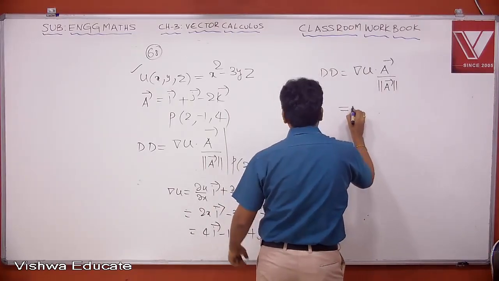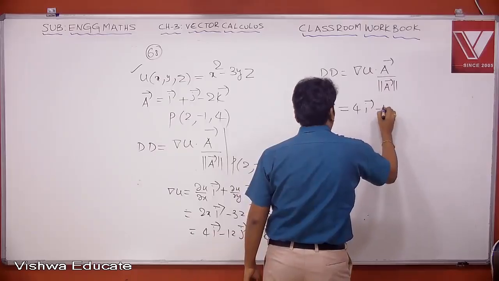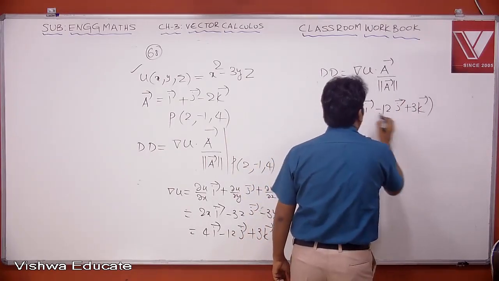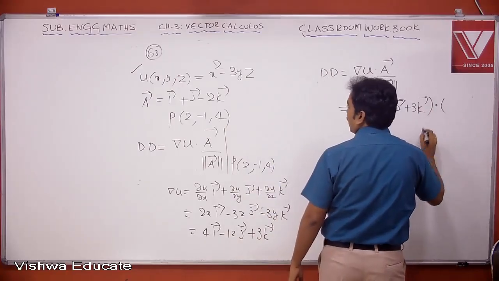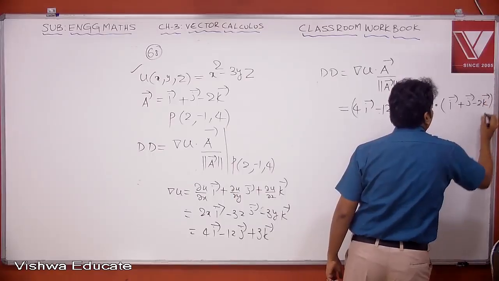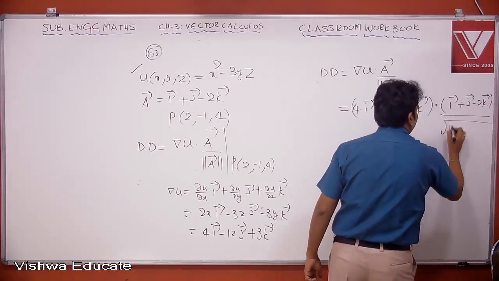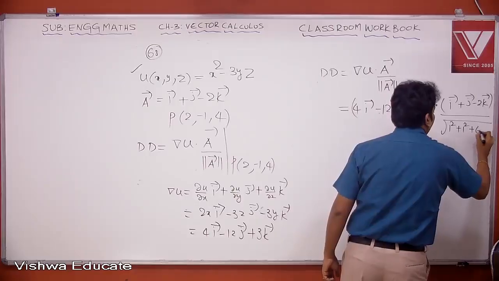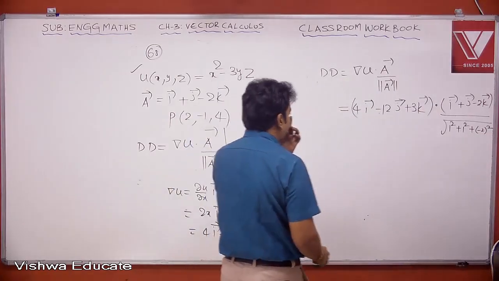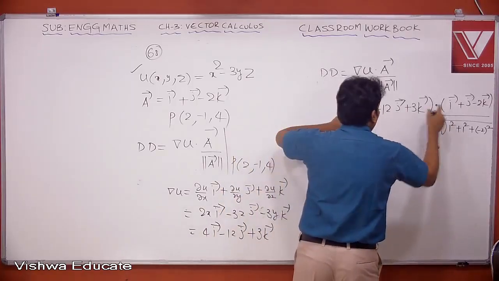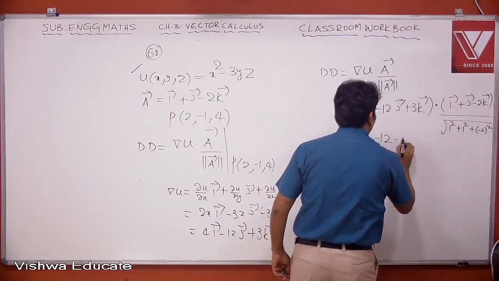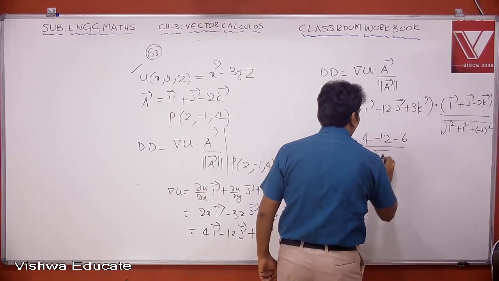So here del u is 4i bar minus 12j bar plus 3k bar, dot product with the vector a bar, which is i bar plus j bar minus 2k bar, divided by its length, which is the square root of 1 squared plus 1 squared plus minus 2 whole squared. Applying the dot product: 4 into 1 is 4, minus 12 into 1 is minus 12, 3 into minus 2 is minus 6, divided by root 6.